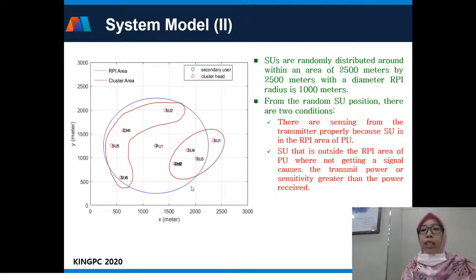From the random secondary user positions, there are two conditions. The first condition: sensing from the transmitter works properly because the secondary user is in the RPI area, so it can detect the primary user. The second condition is when the secondary user is outside the RPI area and is unable to detect the primary user.